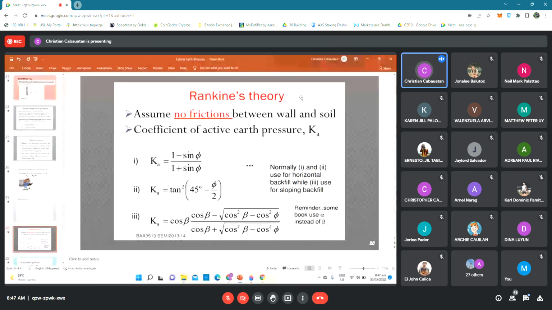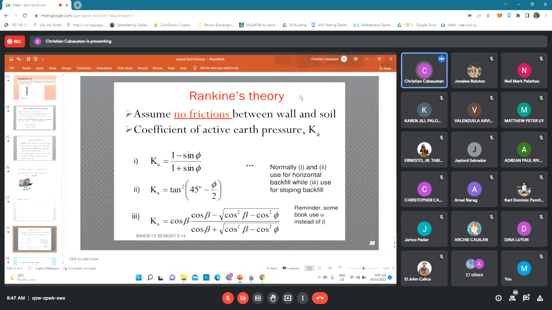So for Rankine's theory, we assume no friction between your wall and your soil. And the coefficient of your earth pressure for active, Ka, would be equal to 1 minus sine phi at the numerator, and at the denominator 1 plus sine phi. That is the one mostly used. What happens if the soil is placed on a horizontal backfill?